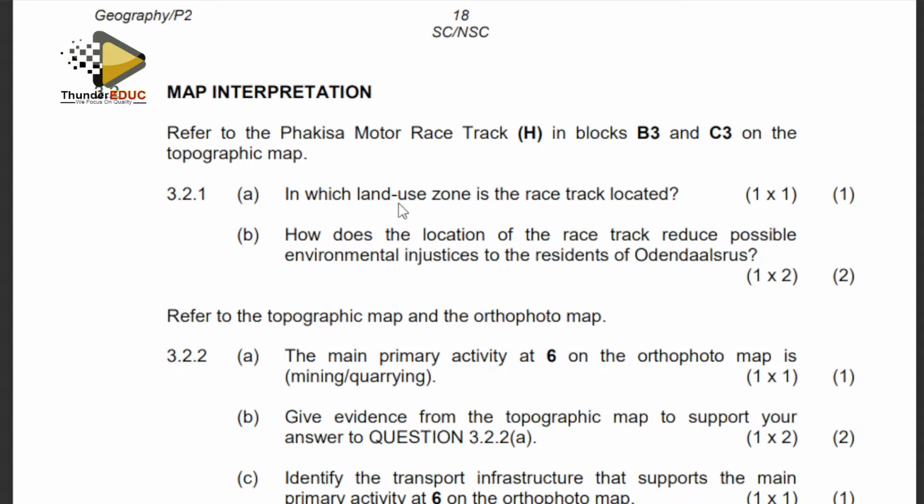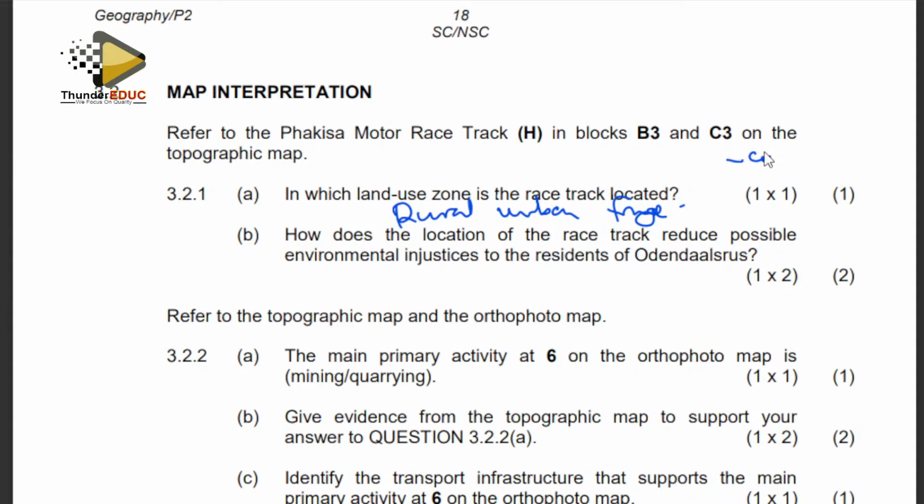Actually, the answer here is rural urban fringe. Why? It's because there is enough space, there are fewer people there, and so on and so forth. But the following are the indicators if you were to find out where the rural urban fringe is found.